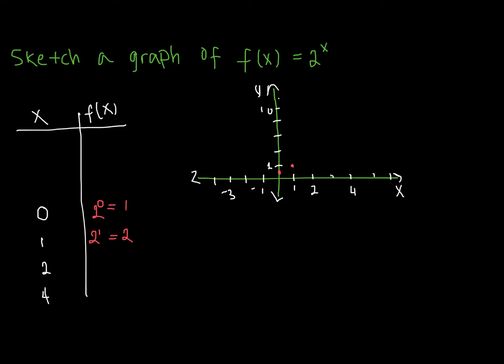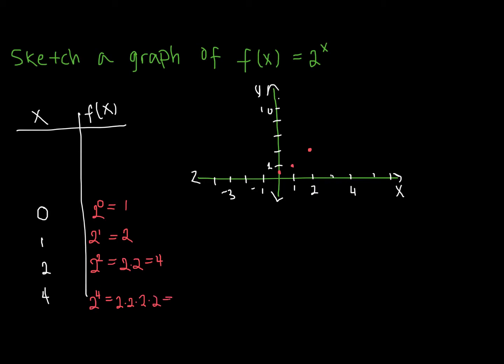And then maybe I keep moving on. So when x is 2, I have 2 to the second power, and that is 2 times 2, which is 4, right? 2 times itself. So then we'll be right here. All right, and so then maybe we jump up. We can do 2 to the 4th. So that will be 2 times 2 times 2 times 2.